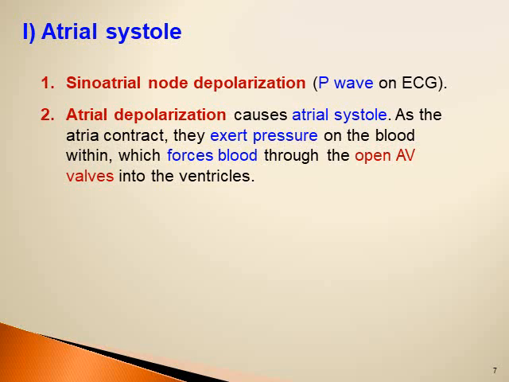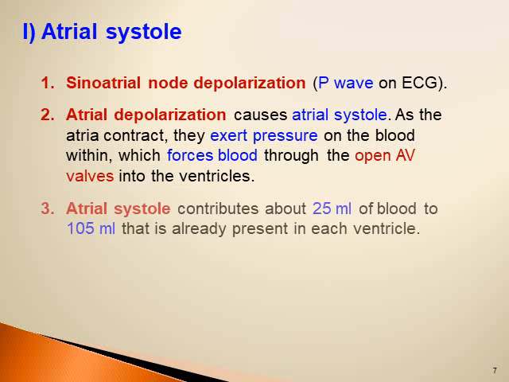As the atria contract, they exert pressure on blood within the atria. This will force blood through the open AV valves into the respective ventricles. Atrial systole contributes about 25 milliliters of blood to the 105 milliliters that is already present in each ventricle.